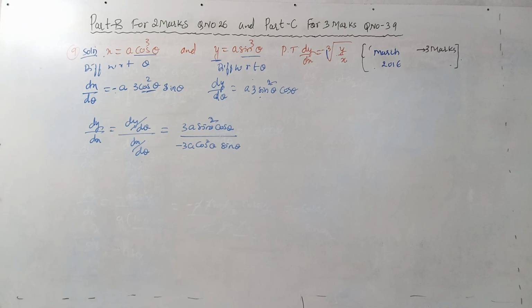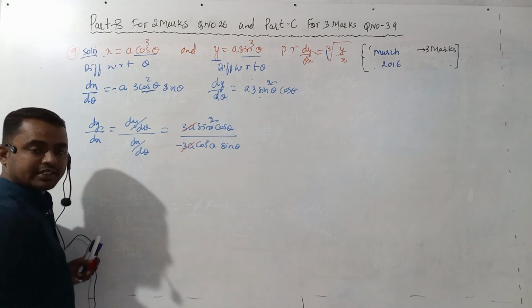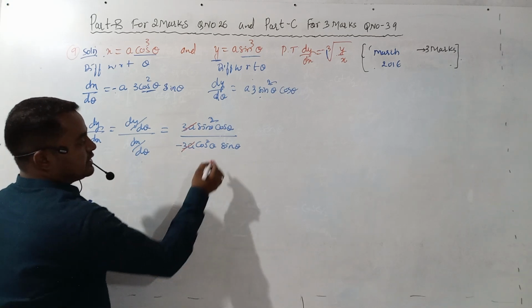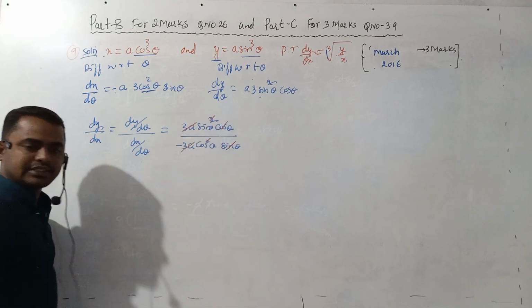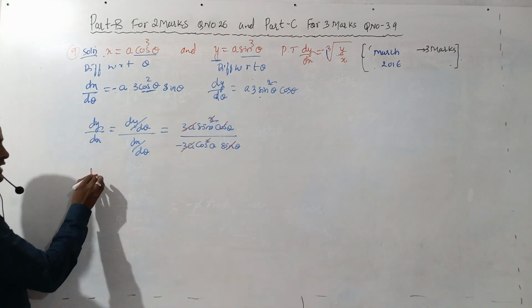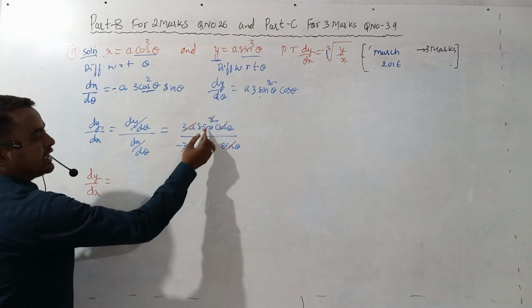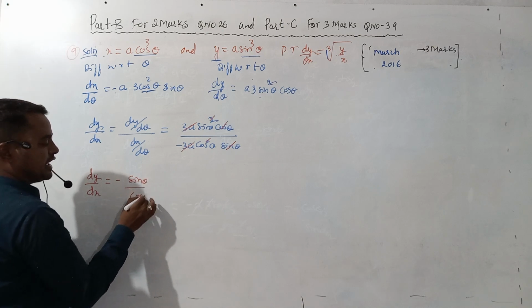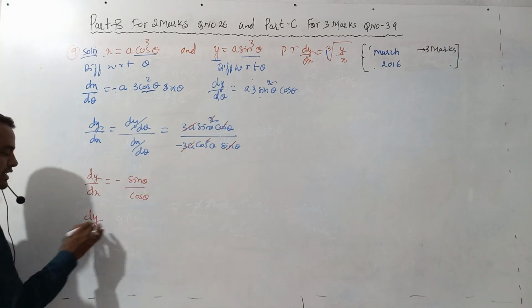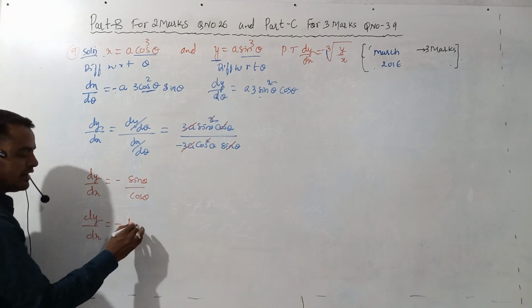Now we have to cancel terms. The 3a cancels, one sin cancels, and one cos cancels. Now dy by dx is equal to sin theta by minus sin theta by cos theta, so dy by dx is equal to minus tan theta.